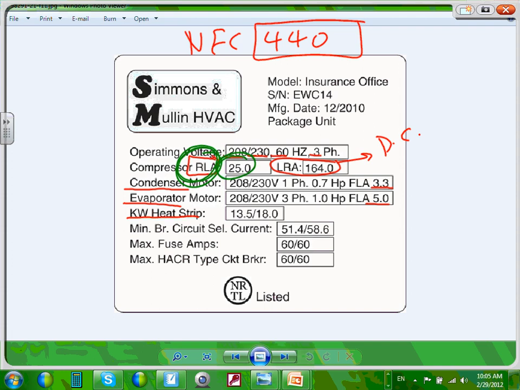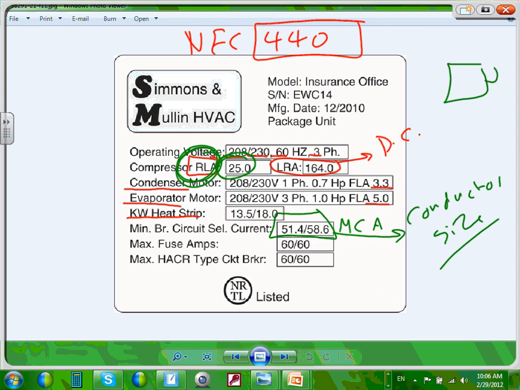Minimum circuit ampacity. That's how I'm going to size my conductors, directly from this value. Okay, so here's my disconnect, here's my fuse, here's my unit.